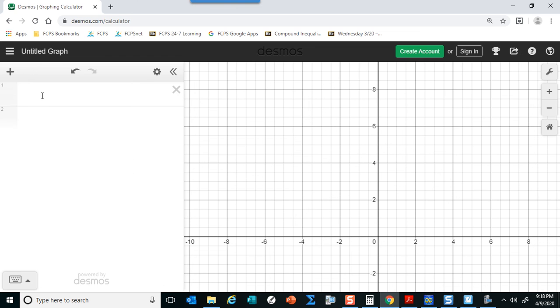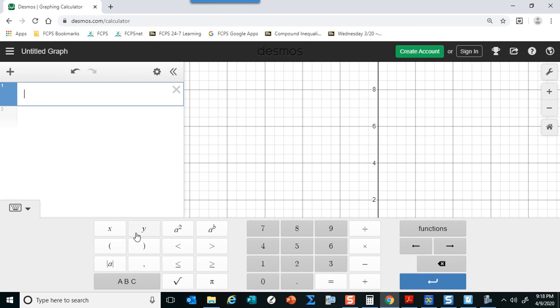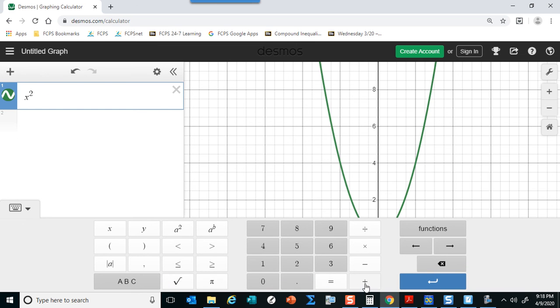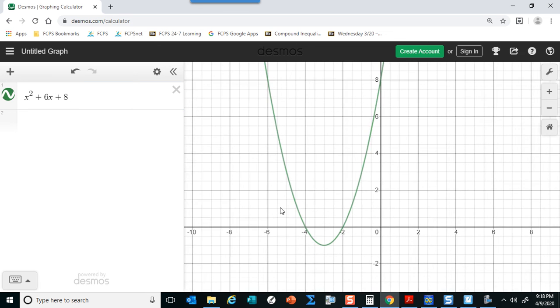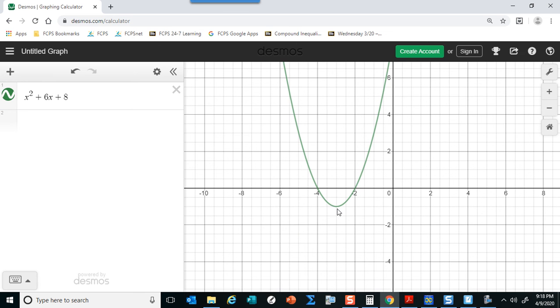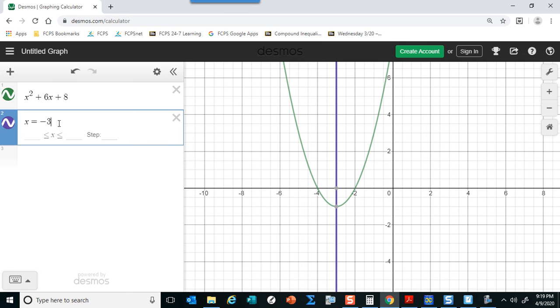Clear the calculator. F of x equals x squared plus 6x plus 8. My vertex is -3, -1. So my line of symmetry is x equals -3.